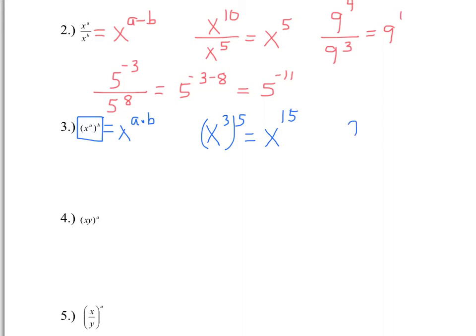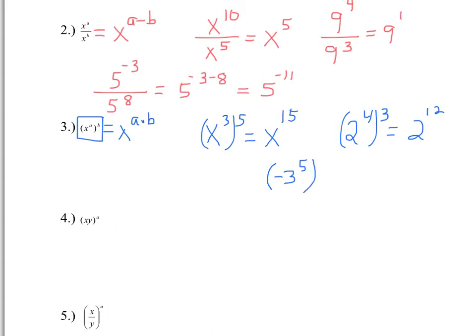Something like 2 to the 4th to the power of 3, well, that's going to give you 2 to the 12th. Okay, something like negative 3 to the 5th power.